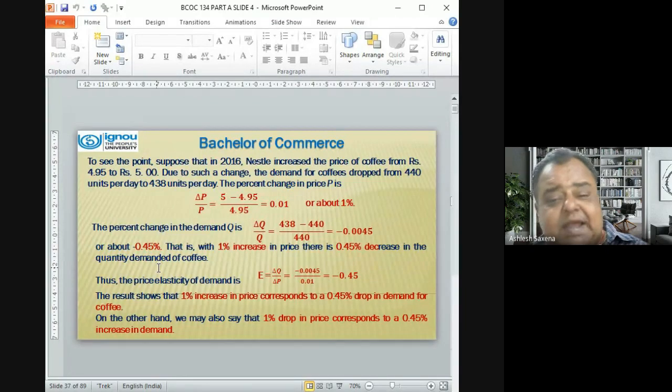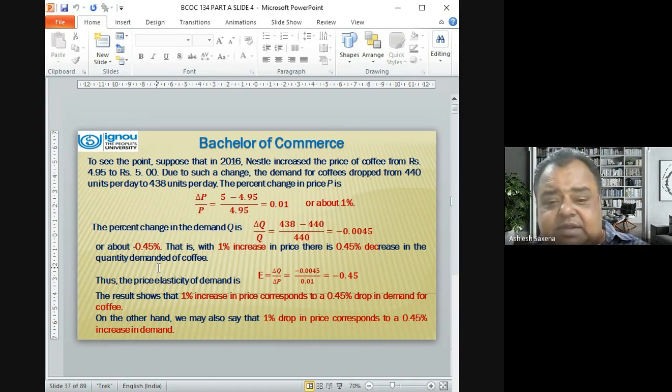That means the price elasticity of demand will be E is equal to delta Q upon delta P. Your delta Q is negative 0.0045 and your delta P is 0.01. When you divide it, you get negative 0.45. Now, what does this mean?